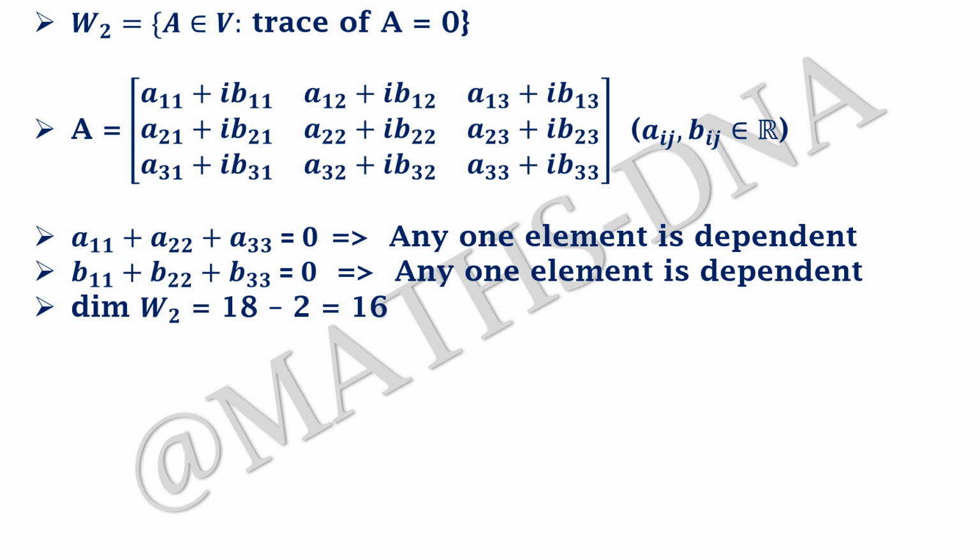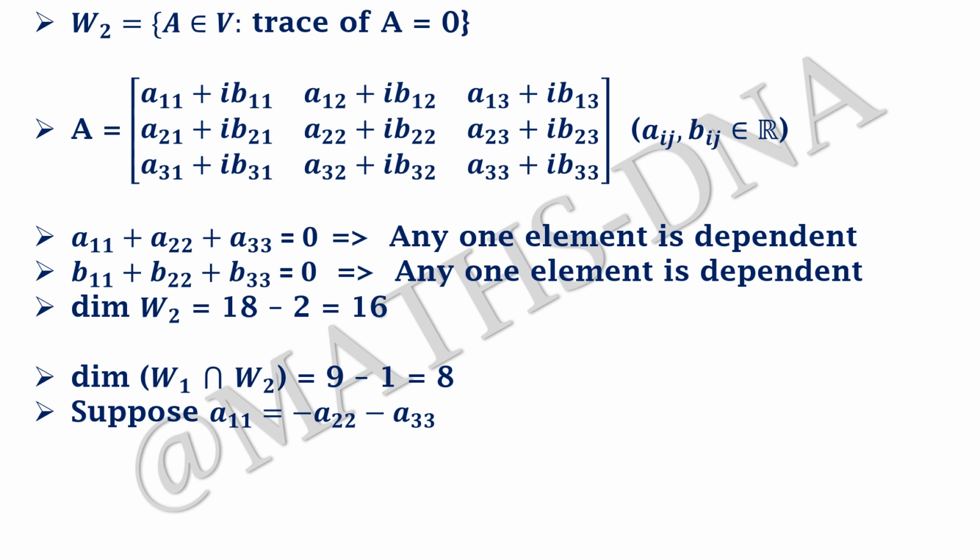So we already have the dimension of W1 and we already have the dimension of W2. Now we find the dimension of their intersection. Do not forget to find the dimension of their intersection. Now the dimension of their intersection will be 9 minus 1, that is equal to 8. Now how do we get this 1? This 1 is a common element which is present in both on the trace, that is, suppose A11 we take as minus A22 minus A33.